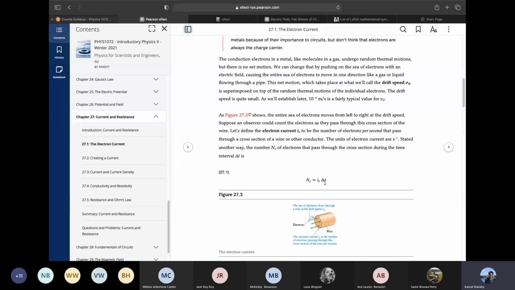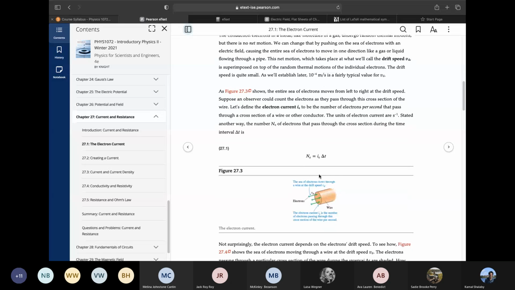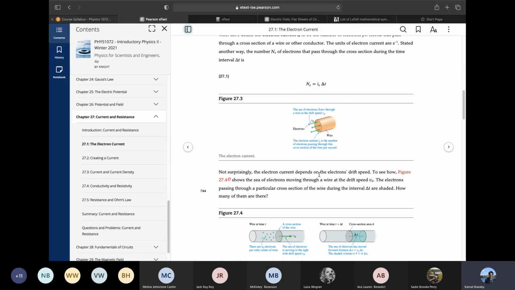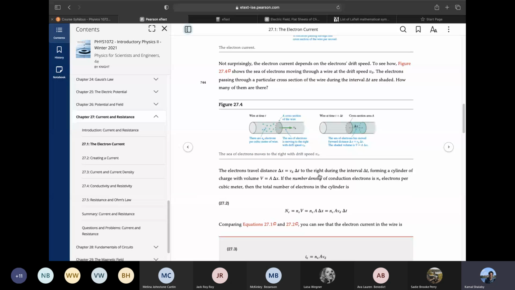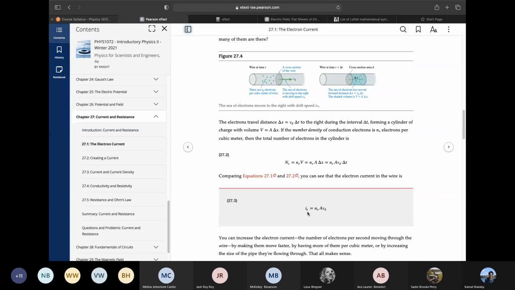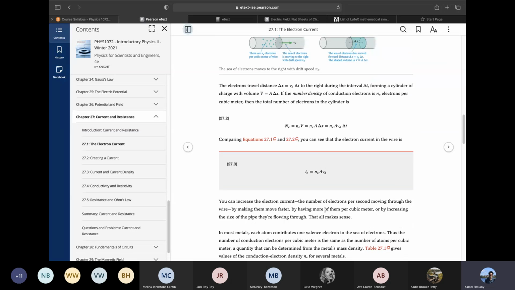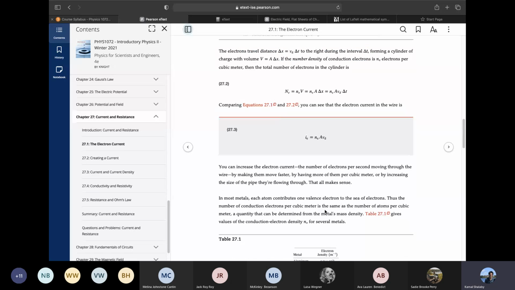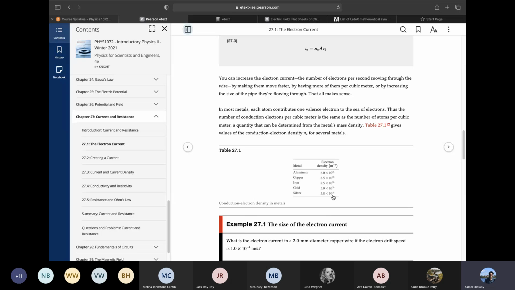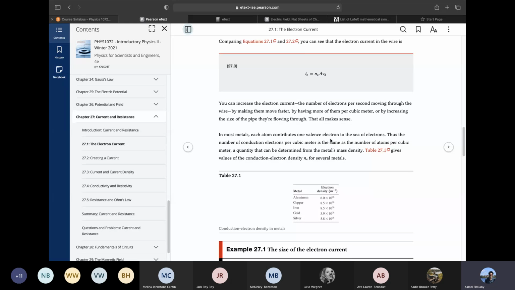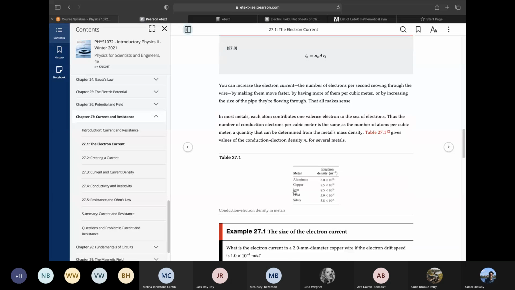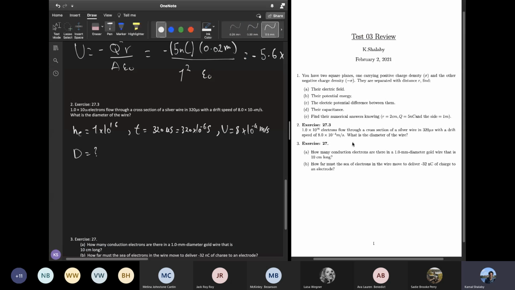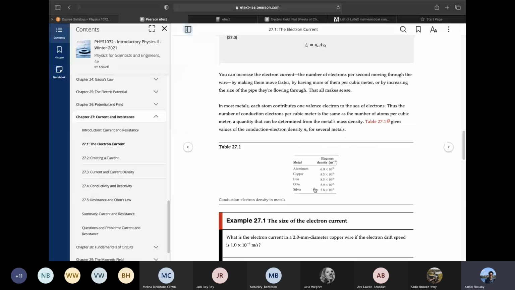Then a second thing is that the electron current is equal to n A v_d. That looks like a promising thing we can deal with. Also, the question says it's a silver wire, and here the book gives us a table with the electron density of silver. So let's use that first.